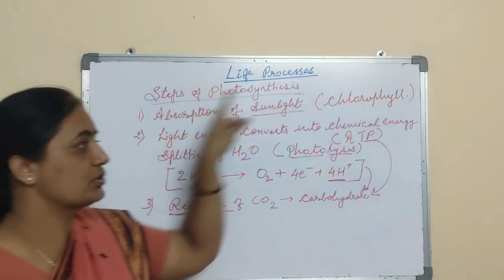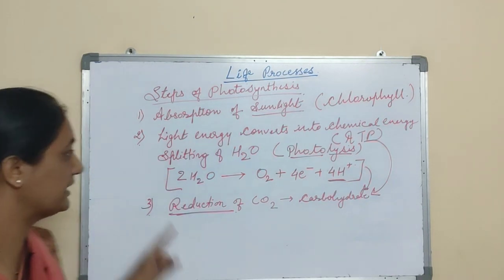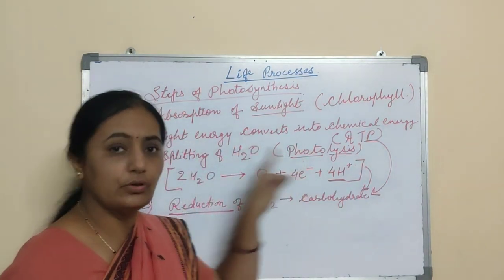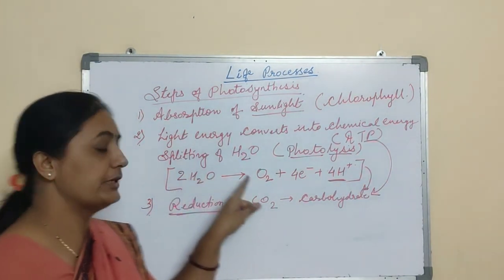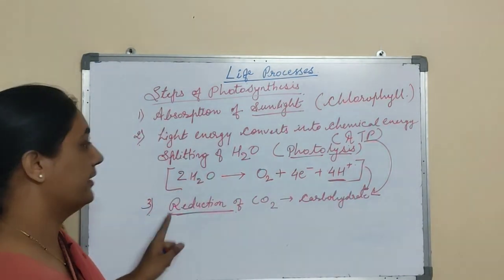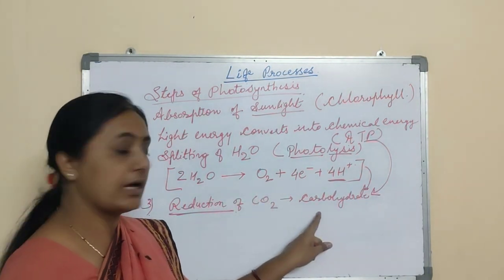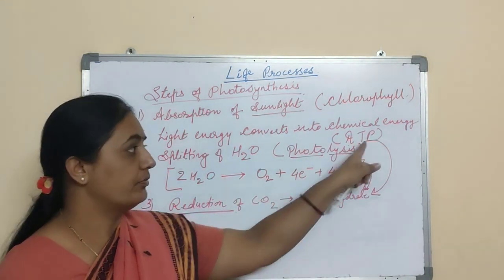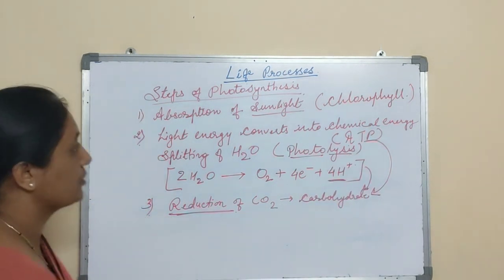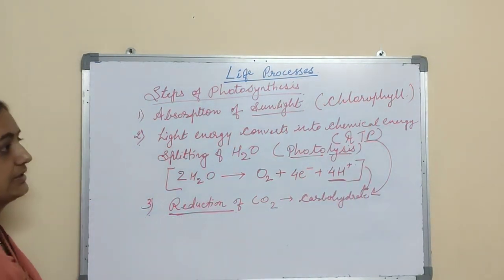Light energy converts into chemical energy in the form of ATP, where it remains stored. Splitting of water, called photolysis, where water splits to release oxygen, electron and proton, and reduction of carbon dioxide into carbohydrate by utilizing ATP as well as proton. So these are the steps of photosynthesis.